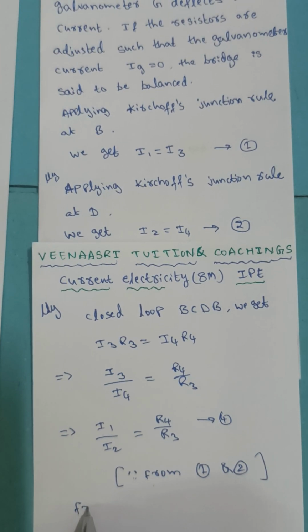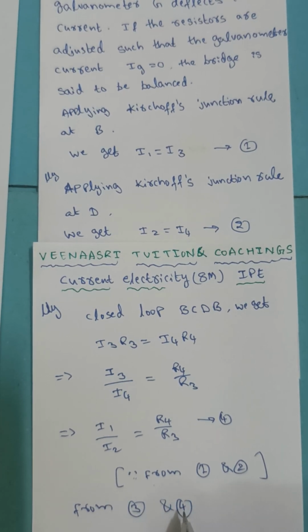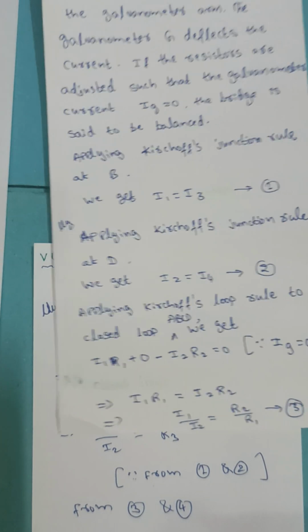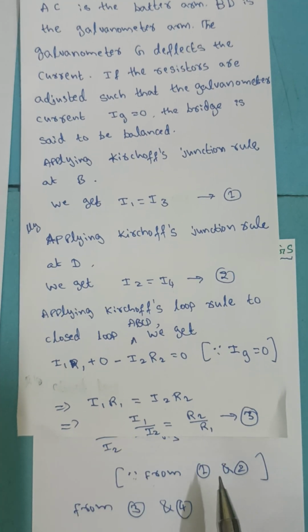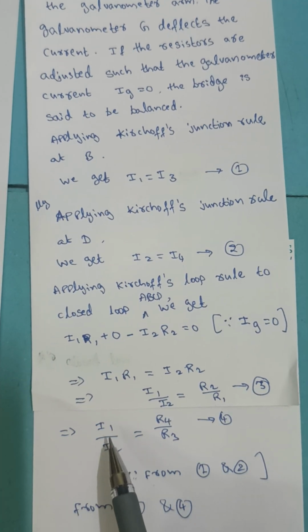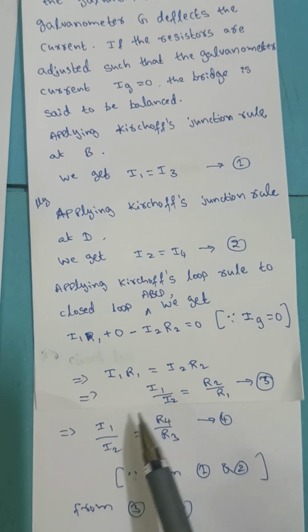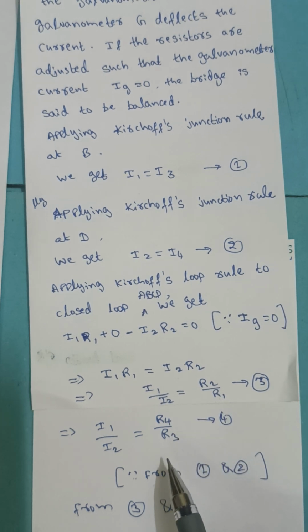Next, from the third and fourth equations. Third equation is I1 by I2 is equal to R2 by R1. Fourth equation is I1 by I2 is equal to R4 by R3. Here I1 by I2, I1 by I2, so you will get R2 by R1 is equal to R4 by R3.